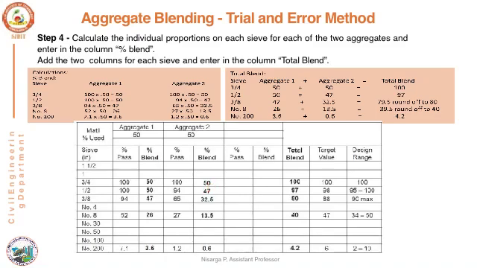Once we obtain the percentage blend for aggregates 1 and 2, we have to determine the total blend, which we can also call the combined gradation.